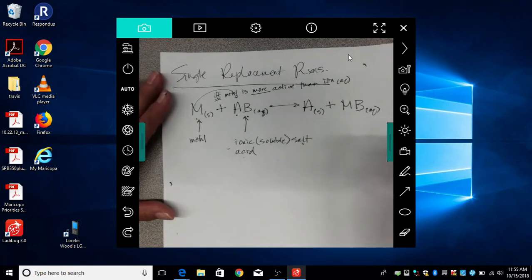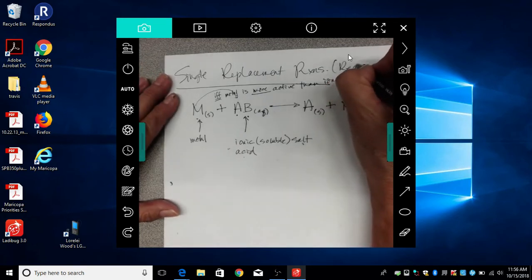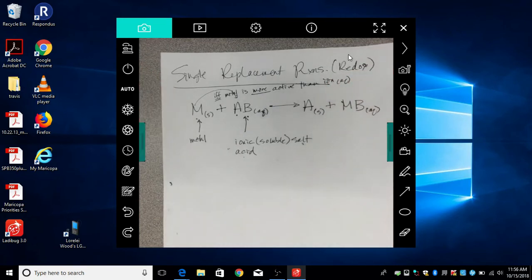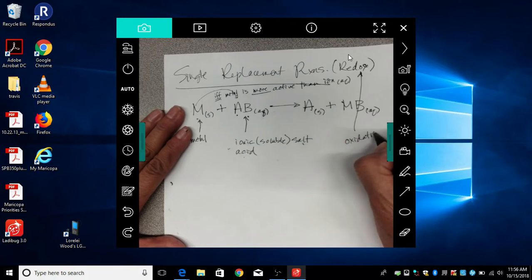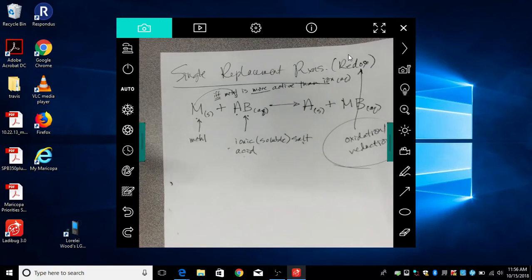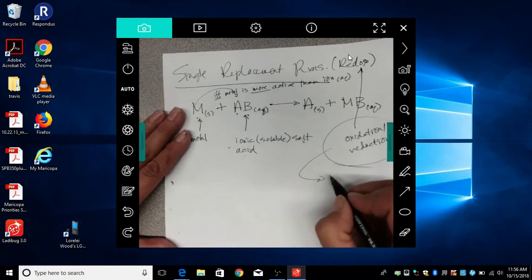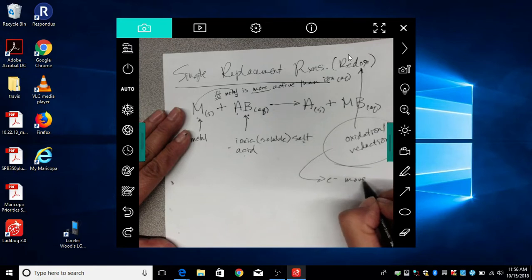This is also known as a redox reaction. Does anybody know what redox stands for? Chemistry slang? Oxidation reduction. And what happens during oxidation reduction reactions? Anybody have any clue? An electron is gained and then an electron is lost. Very good. Electrons move, right?